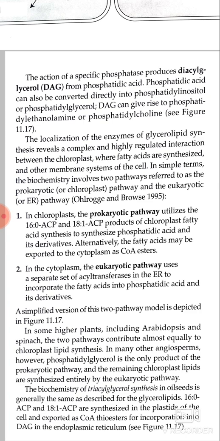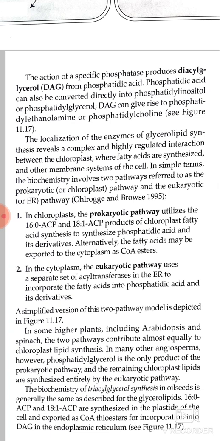The action of a specific phosphatase produces diacylglycerol from phosphatidic acid.